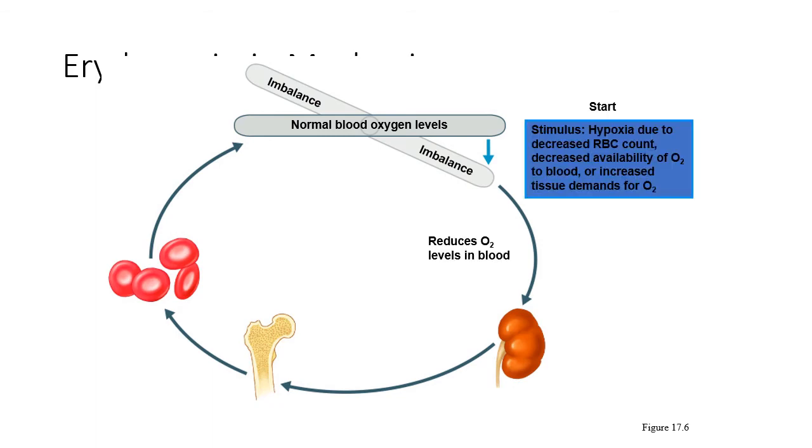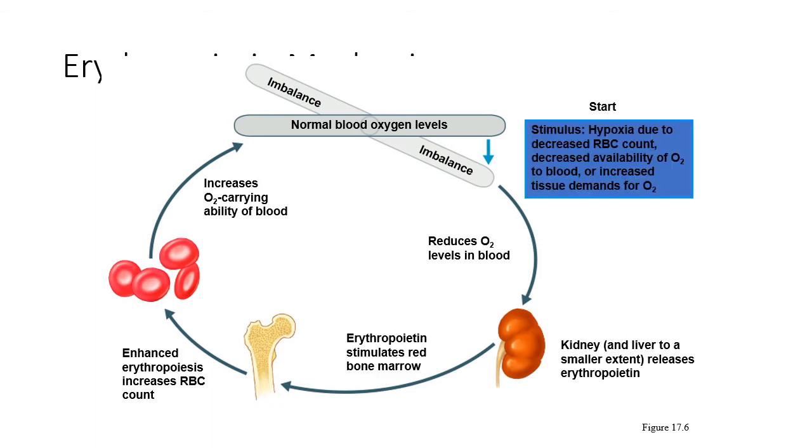And the process itself is just a negative feedback loop as far as the production of those red blood cells. In some way or another, we've got reduced amounts of oxygen carrying capability or oxygen coming to the tissues themselves. This gets sensed by the kidneys. Kidneys release erythropoietin, stimulates the red bone marrow.